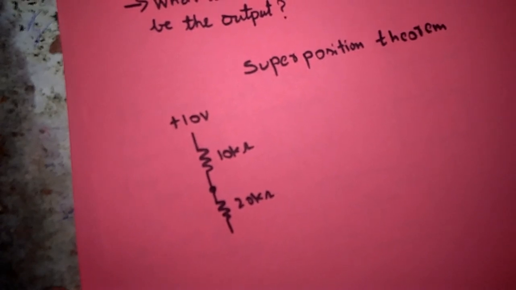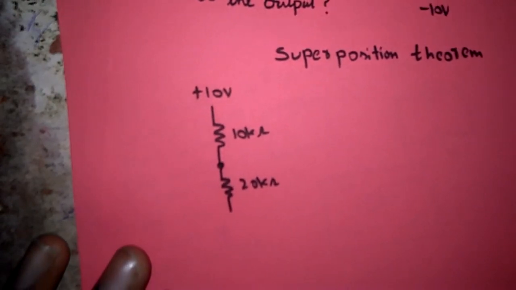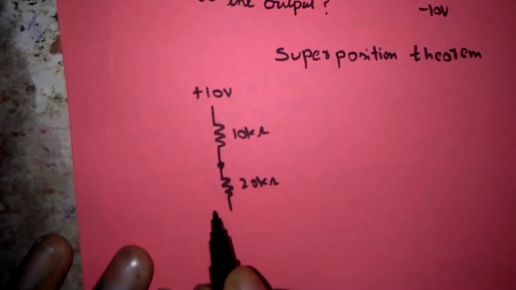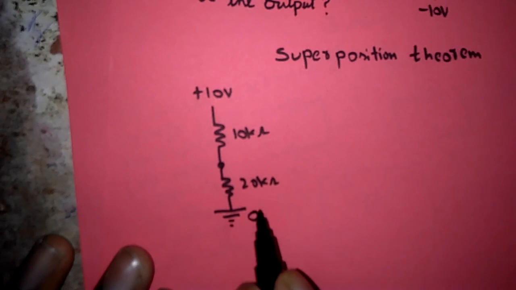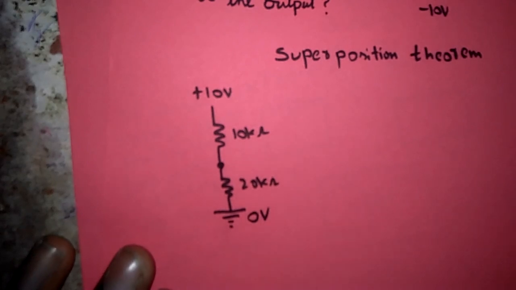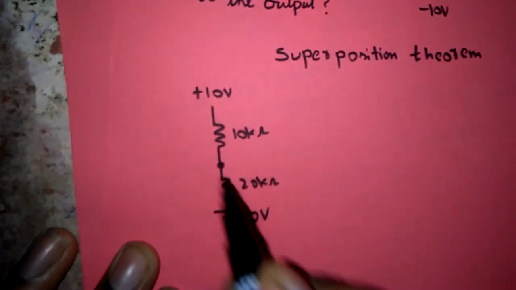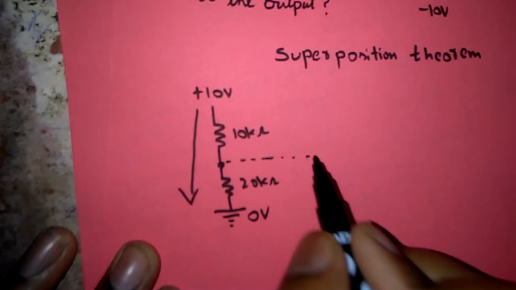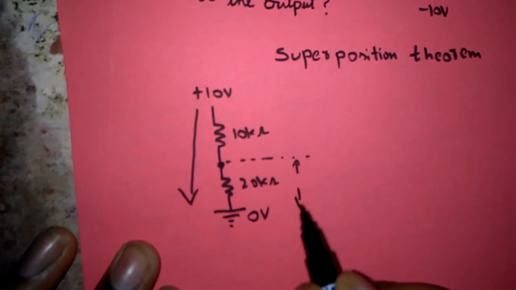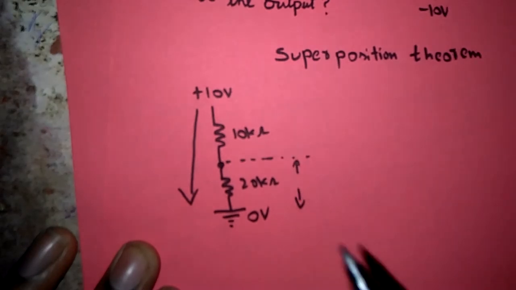But if I want to measure the response of 10 volts at this point, I have to consider the voltage at this terminal is 0 volts, and it is considered as ground. So from 10 volts to 0 volts current will flow like this. So at this point some voltage will be developed.